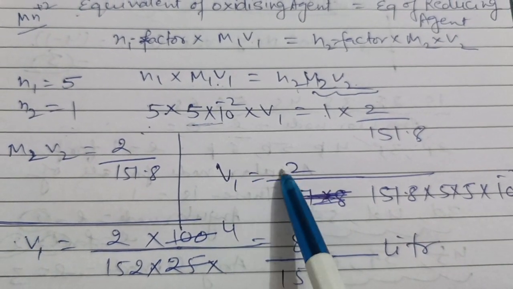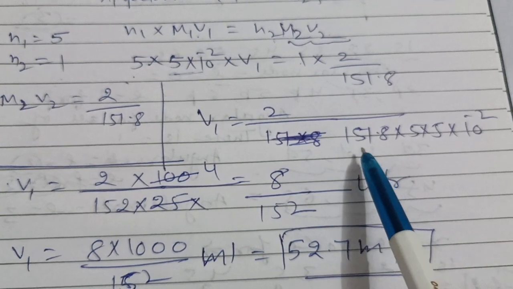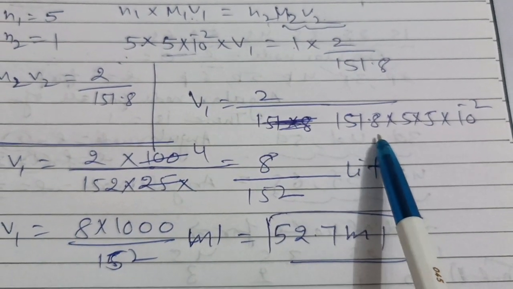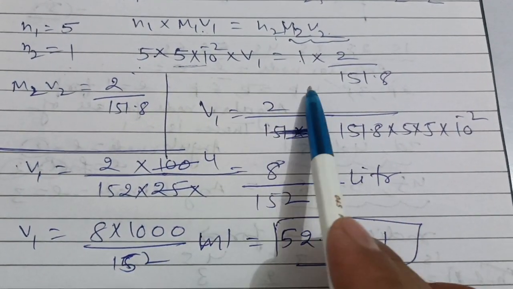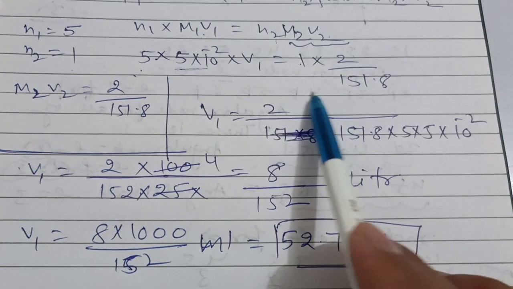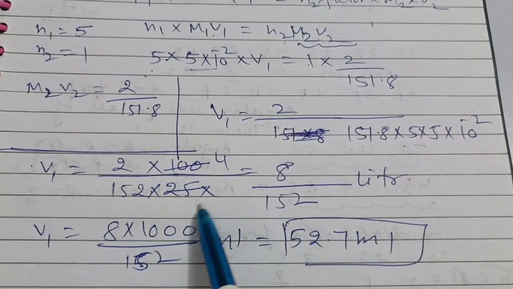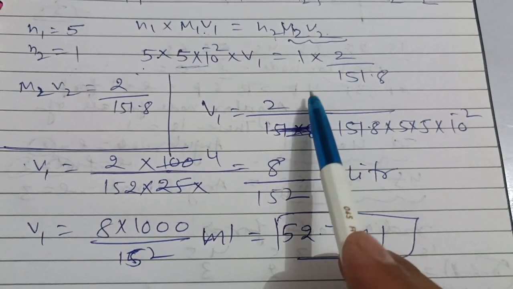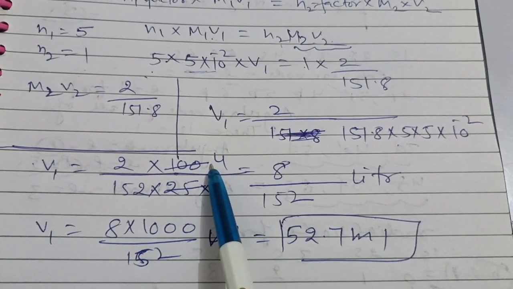We can round off the molar mass as 152. So we arrange all the calculation as v1 equals 2 divided by 152 into 5 into 5, and the 10 to the power minus 2 goes up and becomes 10 to the power plus 2, which is 100.